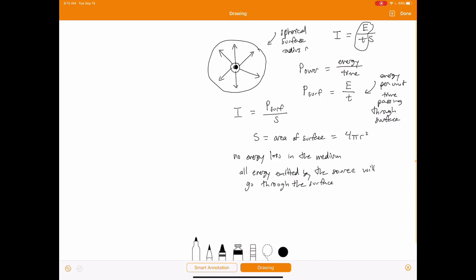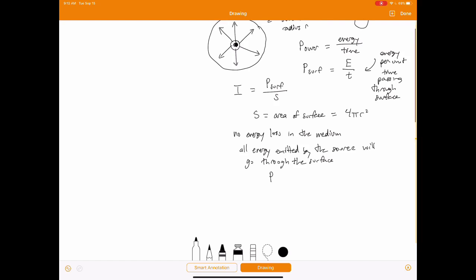But of course, if we're assuming there's no dissipation, the medium itself doesn't eat up any of our energy, then anything that's emitted by the source is eventually going to have to go through the surface, which is to say that P surface, the energy per unit time that goes through the surface, is P source, the energy per unit time that's emitted by the source. That's true as long as we have, again, no energy loss in the medium.